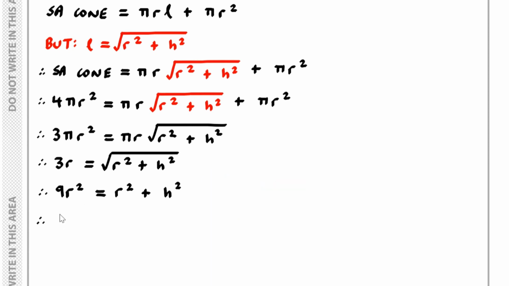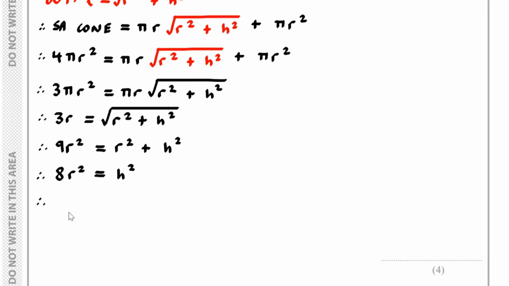So 8r squared, subtracting r squared, is equal to h squared, and if I divide by h squared and then divide by 8, r squared over h squared equals 1/8.